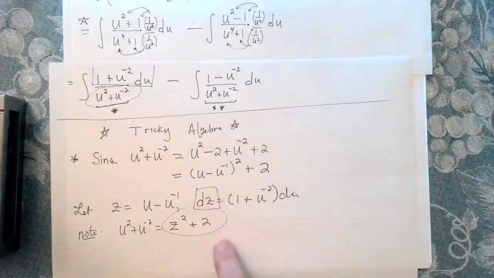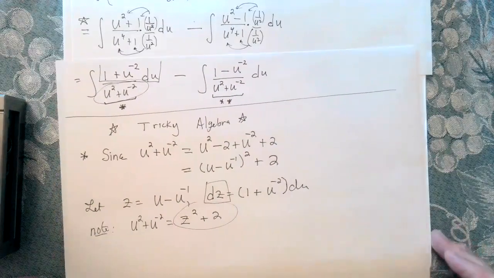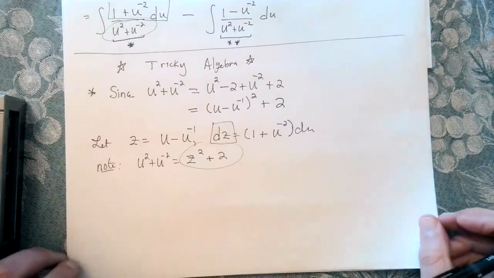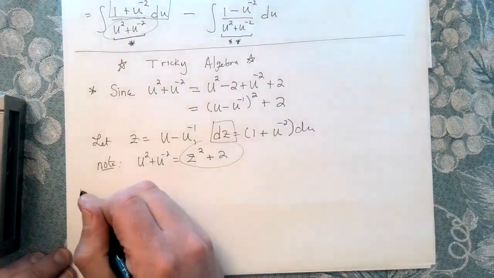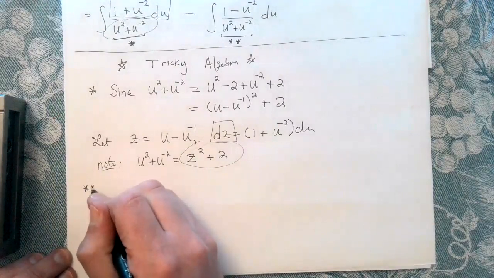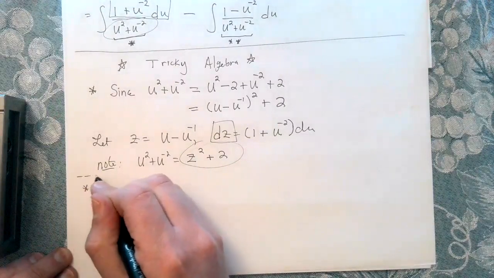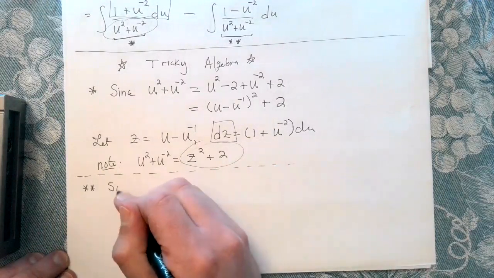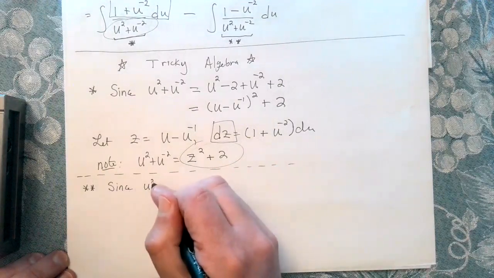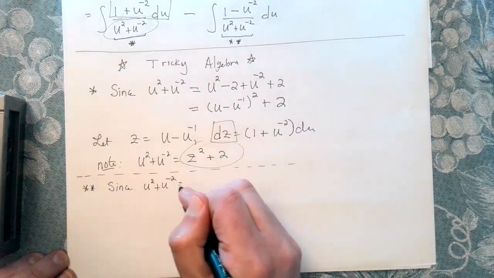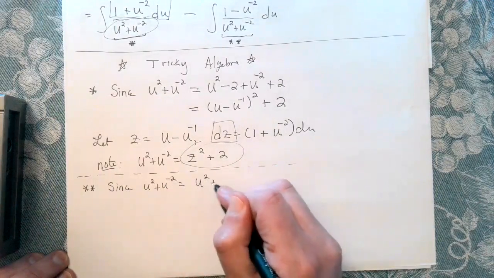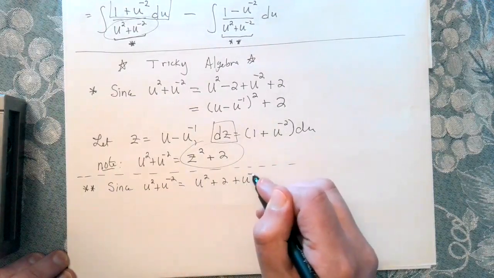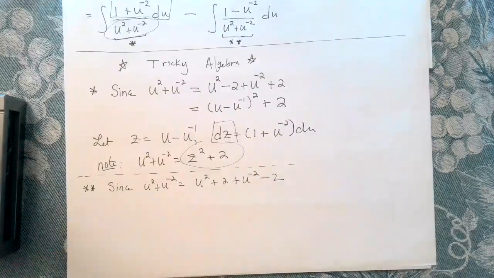So let's see if we can do something sort of similar for this over here. Okay, so double star. Same sort of thinking. So for double star, let's sort of partition this off a little bit. I'm going to say, well, since u squared plus u to the minus 2 is equal to u squared plus 2 plus u to the minus 2 minus 2.